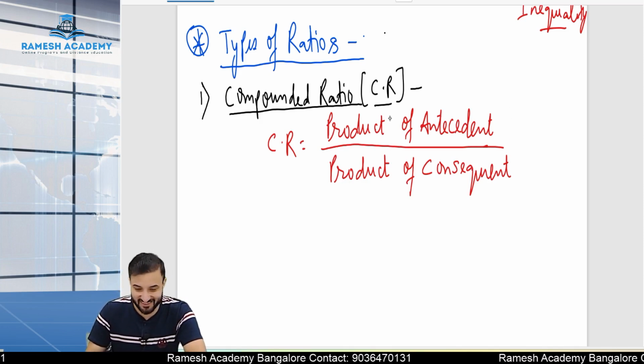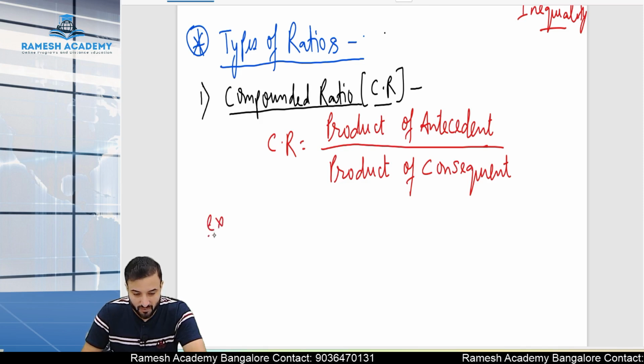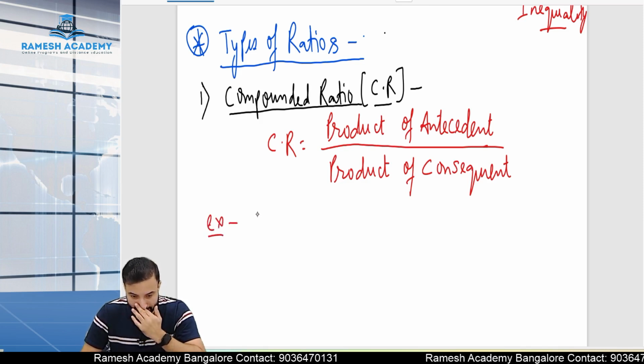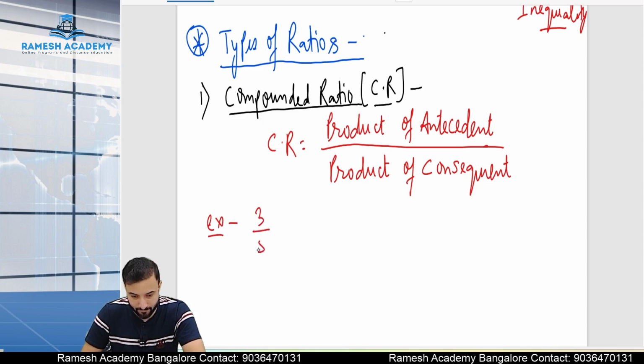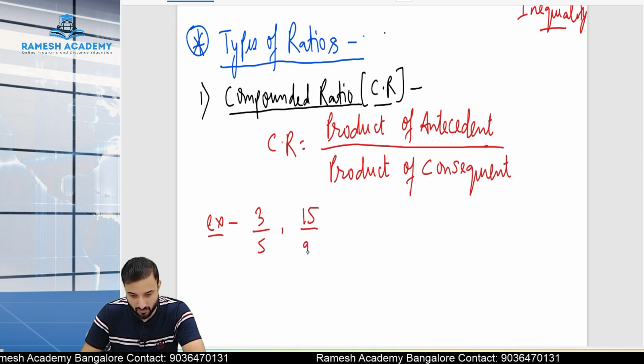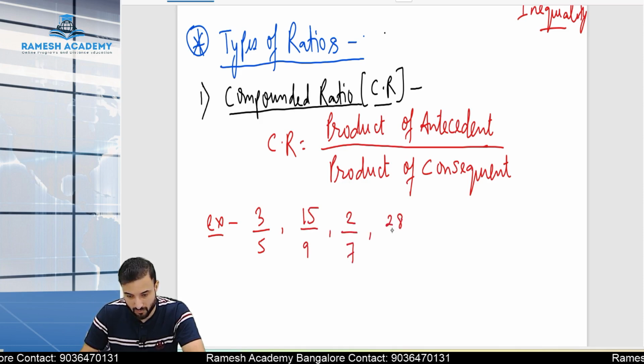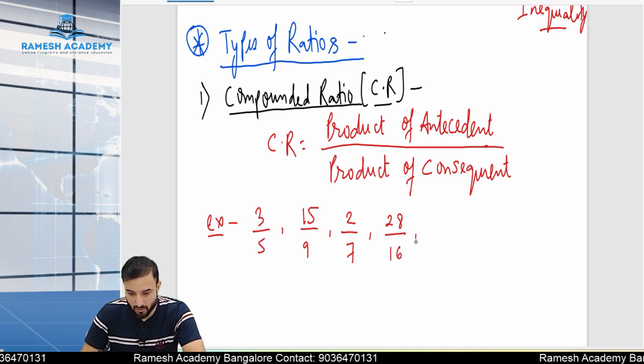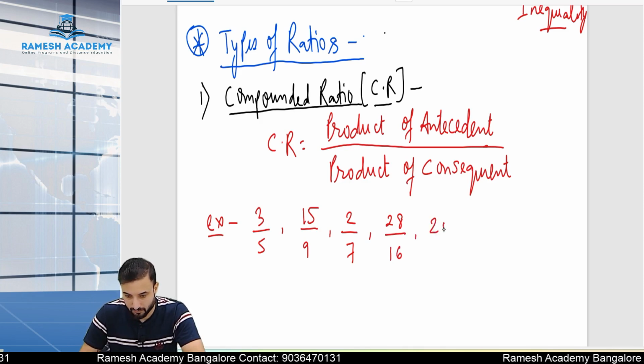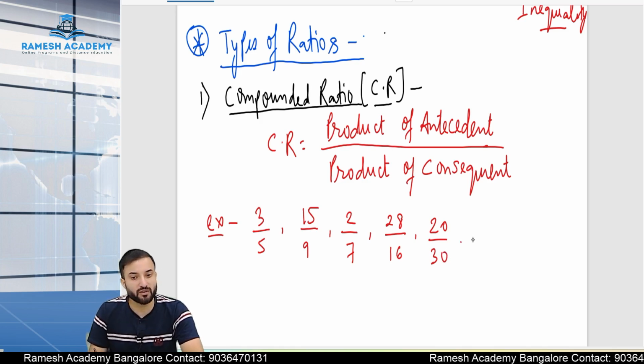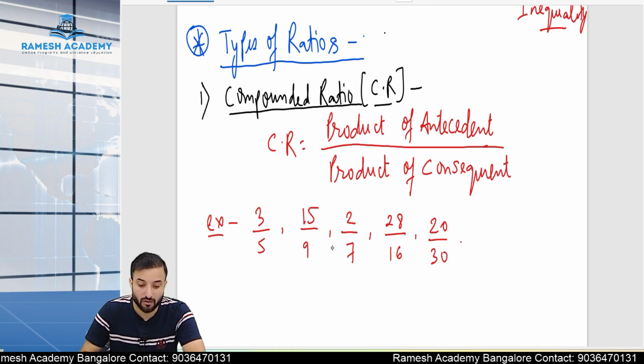Example. Suppose you have ratios like this. Suppose these are the ratios and you have to find the compounded ratio.